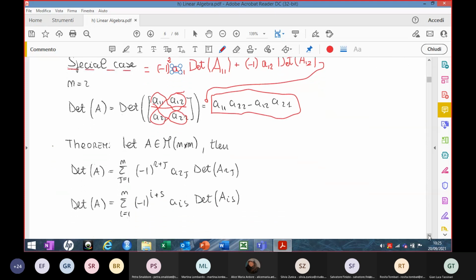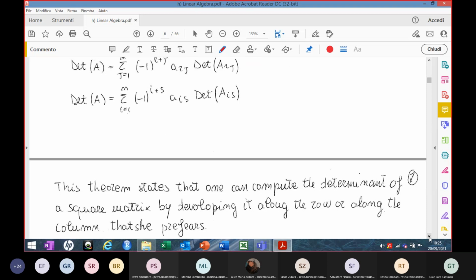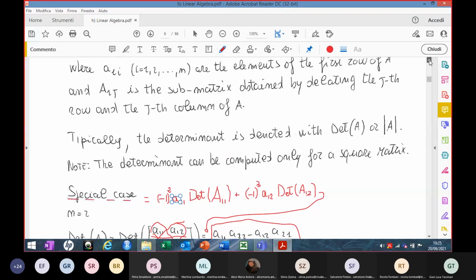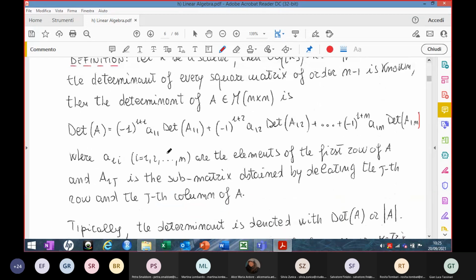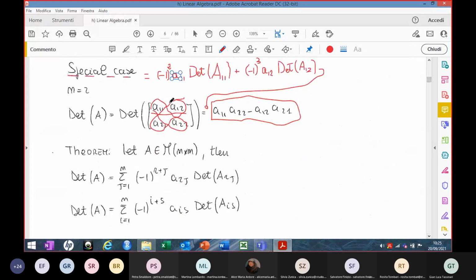But still, I need to tell you something else. Theorem. Let A be a square matrix of order n times n. Essentially, guys, don't read here. Read directly the explanation I provided below. This theorem establishes, guys, that you can compute the determinant of a matrix by developing it not necessarily along the first row as we did in the definition, and as we did in applying the definition of determinant here, but you can develop it along the line you prefer.